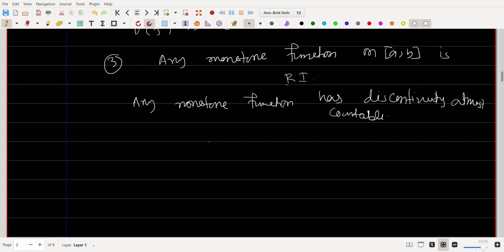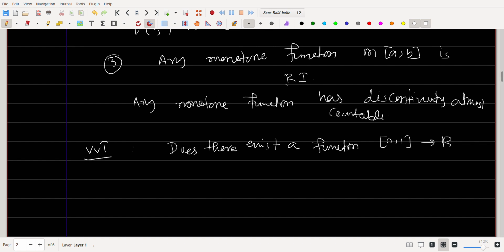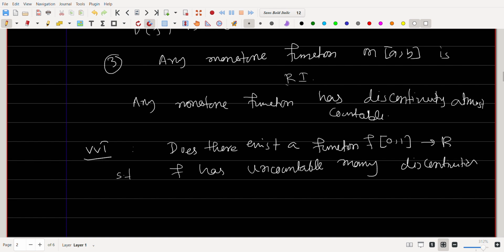A very important question: does there exist a function from [0,1] to R such that f has uncountably many discontinuities, but f is Riemann integrable?